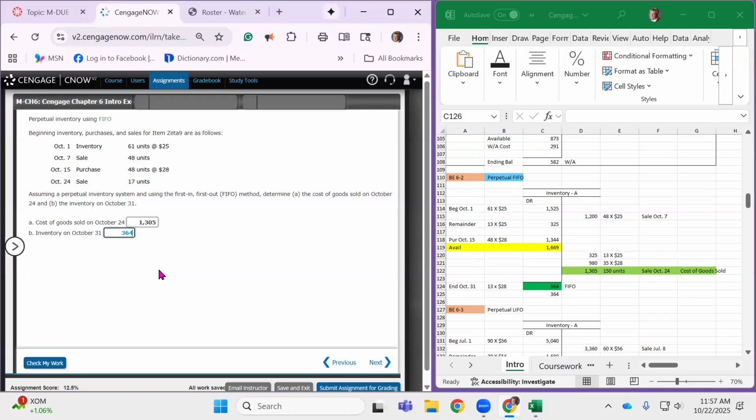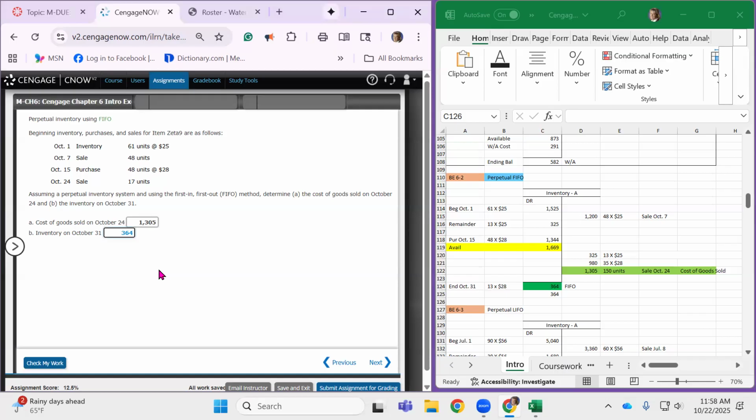Now we're going to do another sale. On 10/24, we're going to sell 48 items. If this is first in, first out, all of the older ones are sold first. So the 13 at the $25 cost, $325, is part of that sale.